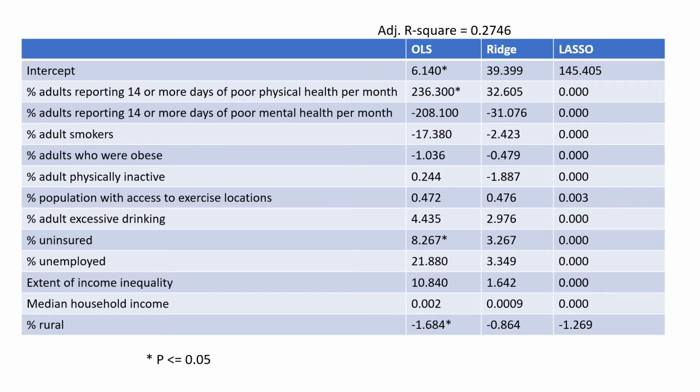And these are the determinants of the number of cases for the coronavirus in Nebraska. The analysis was done using the ordinary least square regression, the ridge regression, and LASSO. And as you can see, the estimates for the betas do not really make sense for the OLS and ridge regression.